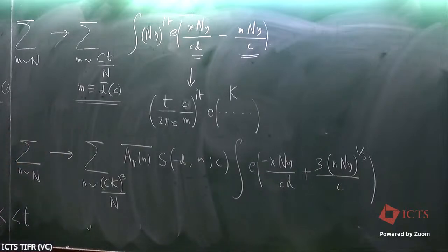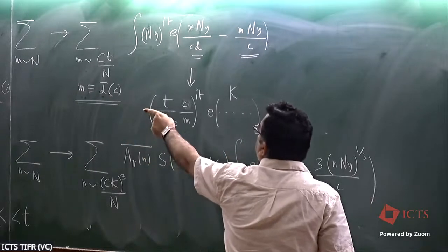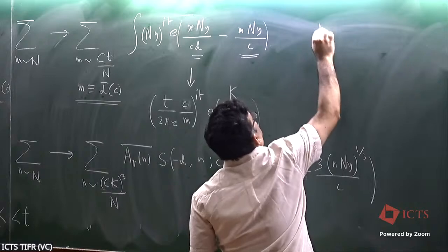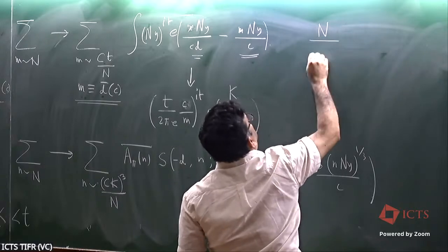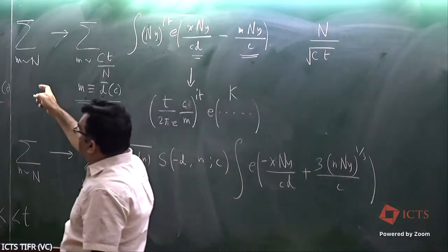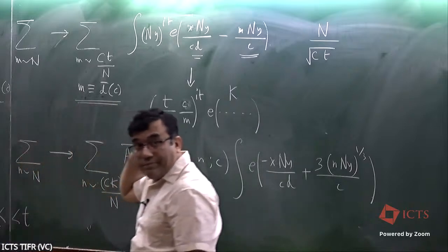Right. So now let's see how much you have saved. In the Poisson, I have saved actually N by the square root of CT. Right. So that's the initial length by the square root of the conductor.